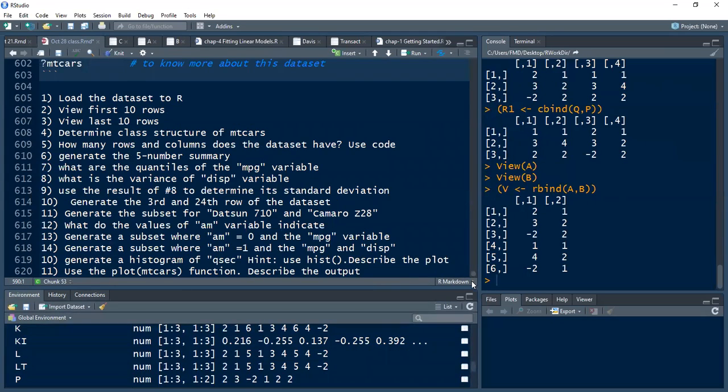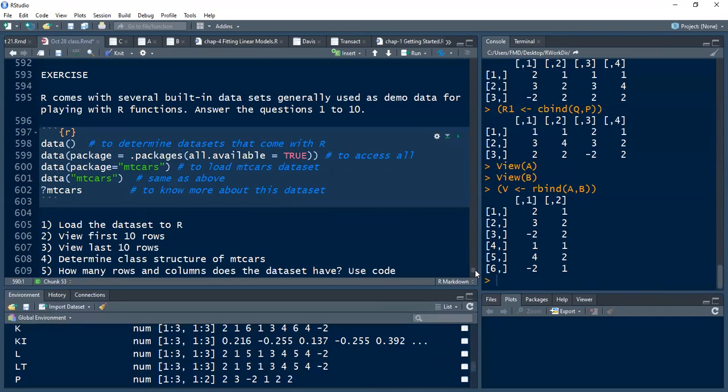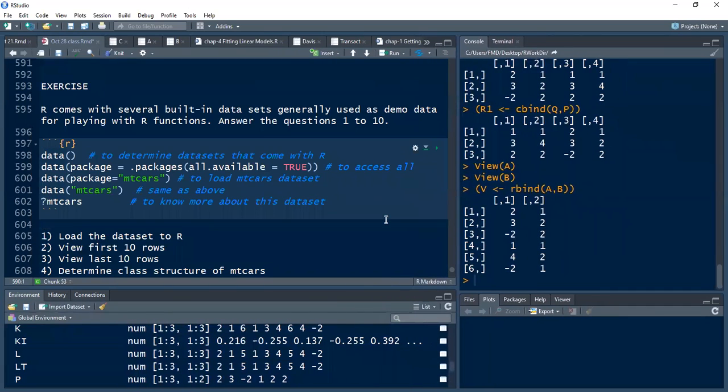There are 11 questions here. Okay, 11 questions, and it's good for us to practice on the questions so that we have more familiarity with R. Next Wednesday, we're going to start already with ggplot2.